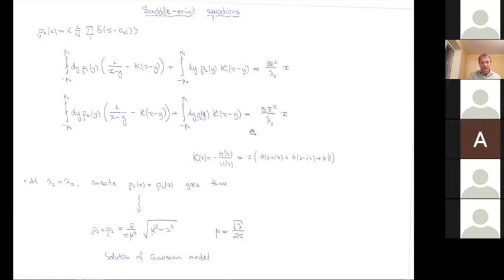But here one can see that indeed, if you set the couplings to be equal, then the ansatz that the densities are equal goes through the equations. Moreover, this complicated kernel then cancels, and what we get are the saddle point equations of the Gaussian model.